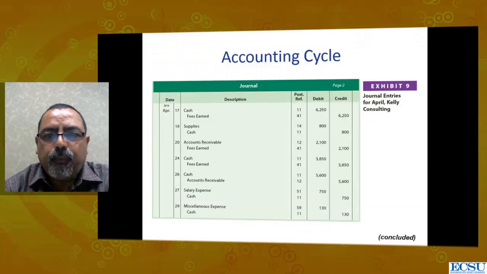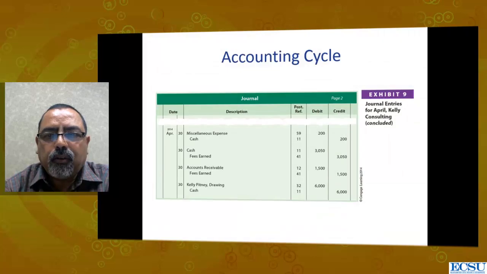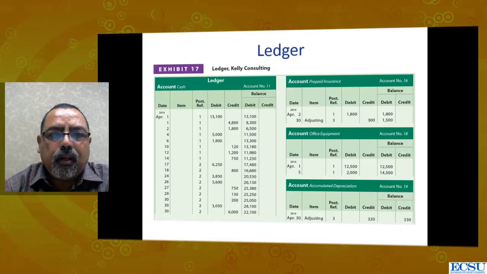And then we'll be organizing those journal entries into separate pages. Once we have done the journals, what we do is we post them into the ledger. So you'll be able to see the ledgers in Exhibit 17 of your book, Chapter 4. Now, here, as you can see, we are posting all the ledgers that we have done.